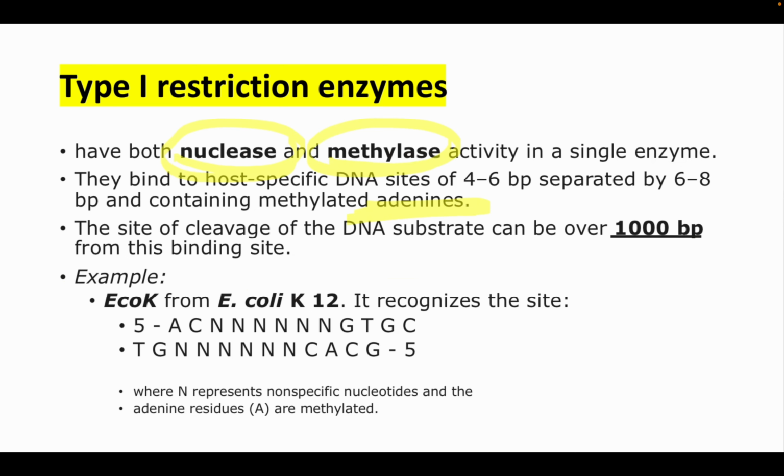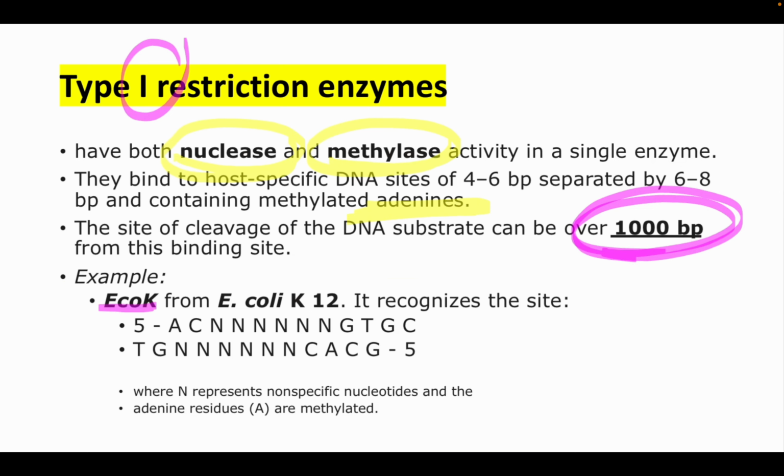I know that in your laboratory the number of base pairs was mentioned: it will scan first 1000 base pairs before it reaches the specific part where it can cleave or cut the DNA. That is for type 1 restriction enzyme.